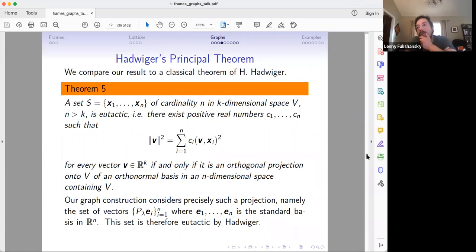You want these minimal vectors to be vertices. What you can do is take the automorphism graph of the lattice, and then, for instance, you could say.